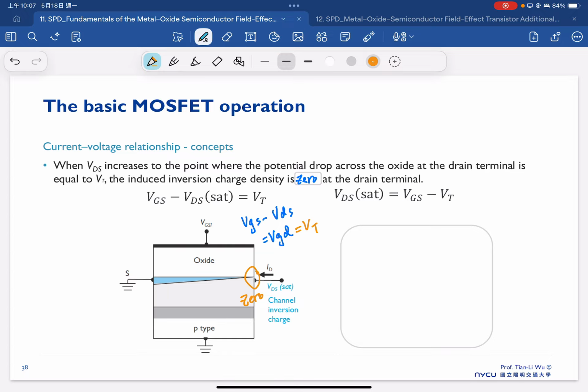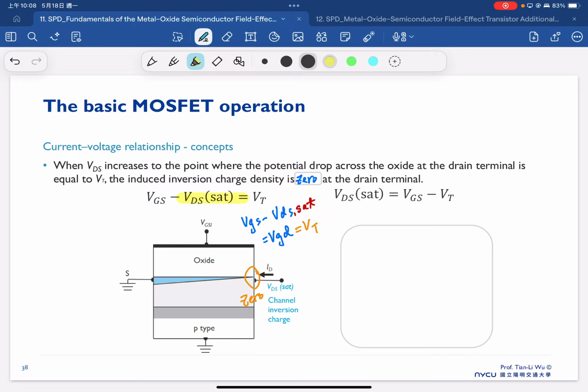But when VG is equal to VT, we won't have any inversion charge, and therefore the inversion charge at this point will be equal to zero, which means this is the condition VGD equals VT. At this point we call this the saturation VDS.